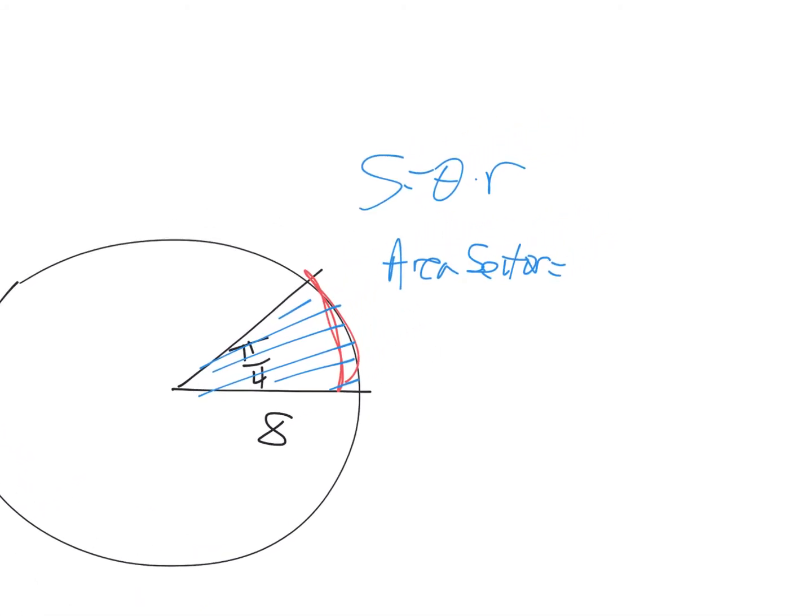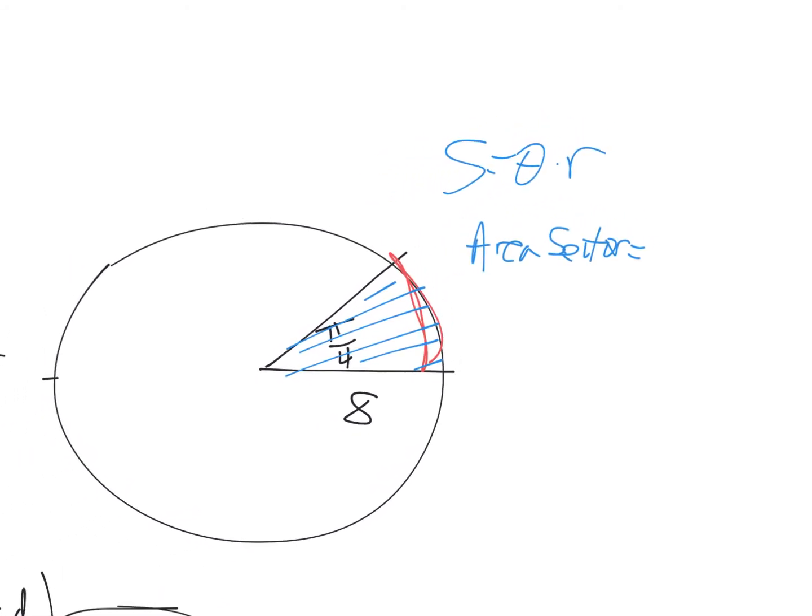All right, so most of the kids have already answered that first one. They knew that the arc length would be pi over 4 times the radius is 8. So that simplifies down to 2 pi, which is about 2 times 3.14, a little more than 6, and that seems reasonable for that length.